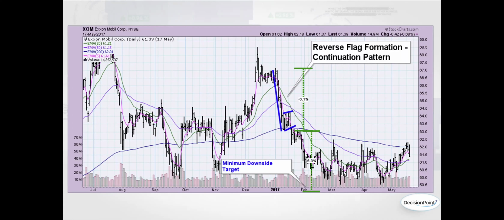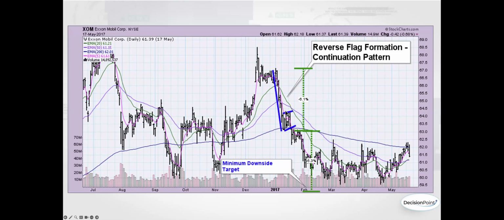The reverse flag, or the bear flag. We talked about the bull flag; this is just the opposite. You have the long flagpole, and then you want to get your flag with rising bottoms. A rising trend channel off of the flagpole is better than a falling flag, or you could see the pennant on it.